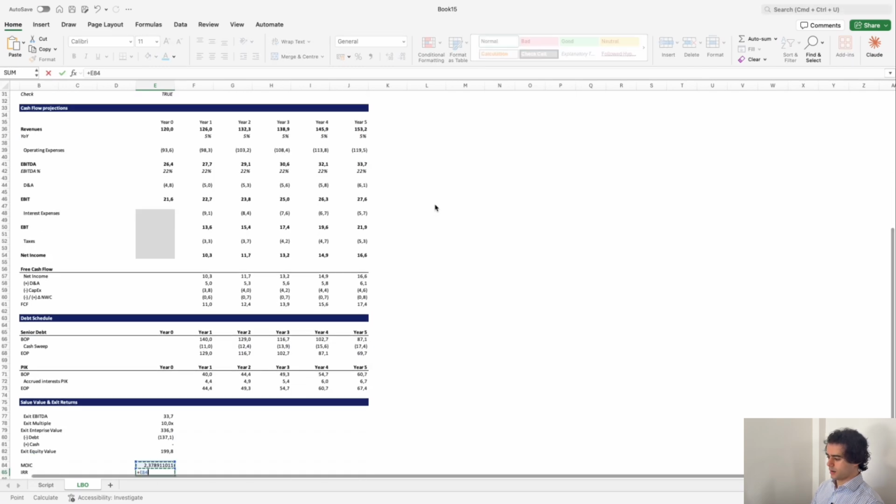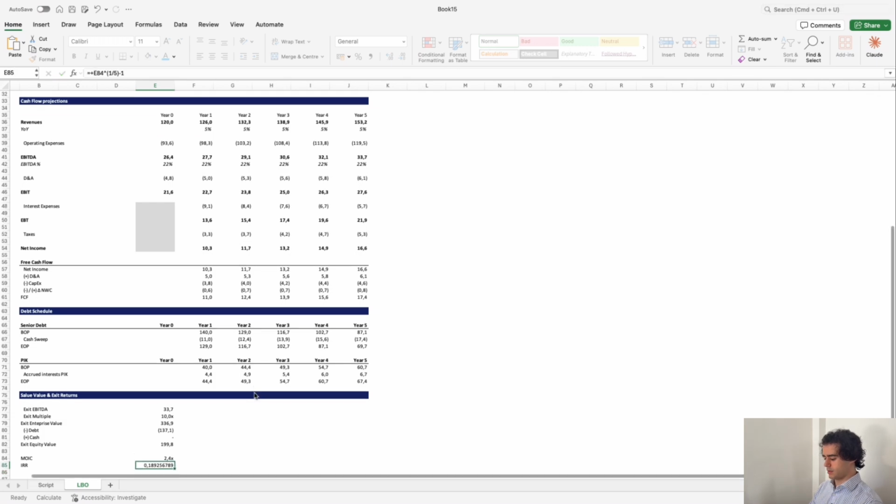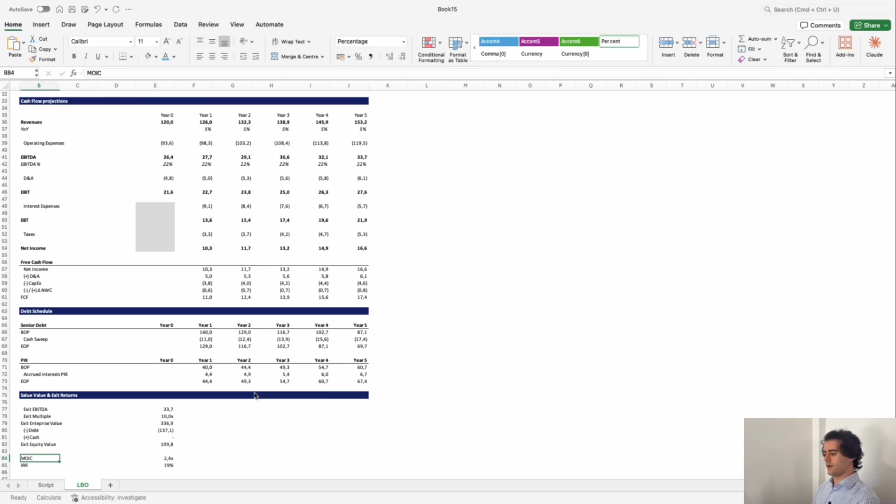While the IRR can be formulated and calculated as the MOIC elevated to 1 divided by the number of years, so 5 minus 1. And so we have an investment which is of 2.4 times the initial equity investment of the fund, and an IRR which is in line with the industry.